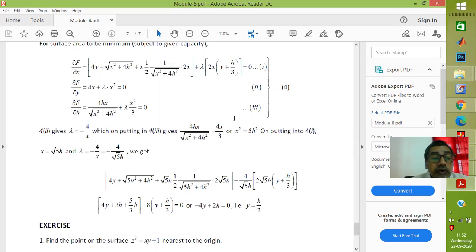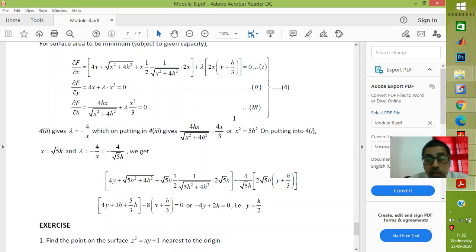So the relation that we have developed is x is equal to root 5 times h, that is one relation, and y is equal to h by 2. So with these relations, if you have some further knowledge of h, then the exact values of x and y can be determined, and they can be used to find out the minimum of the surface area.